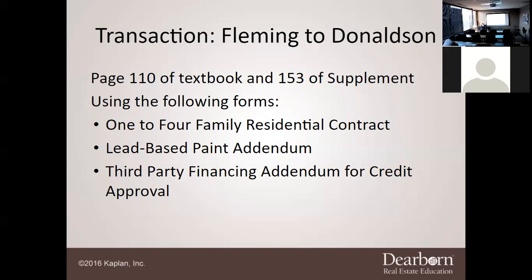The Donaldsons decide to offer $325,000 for the property. They will be putting 10% down. The loan will include PMI. They will put up $3,500 as earnest money, and a $1,500 option fee will be paid to the seller.